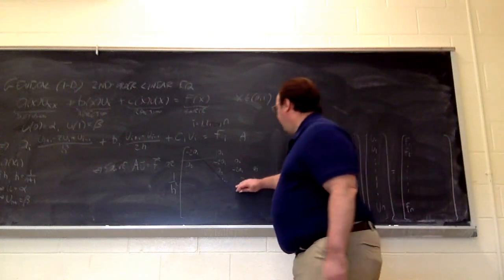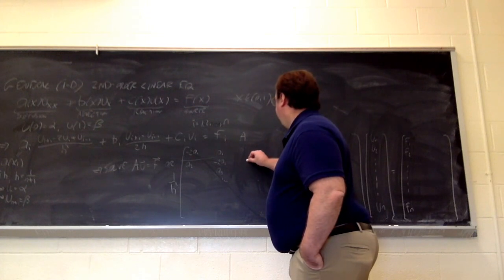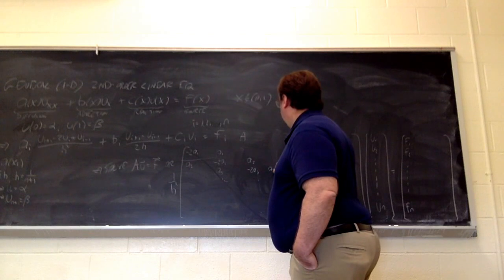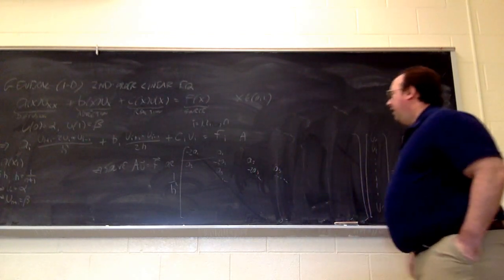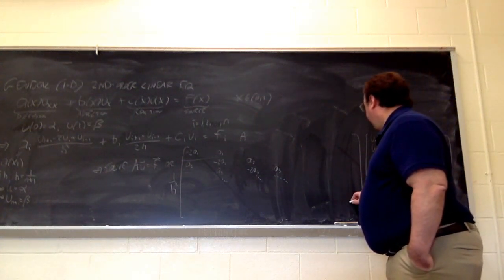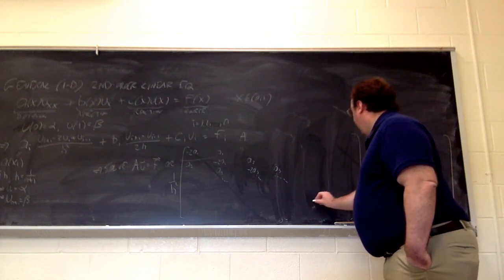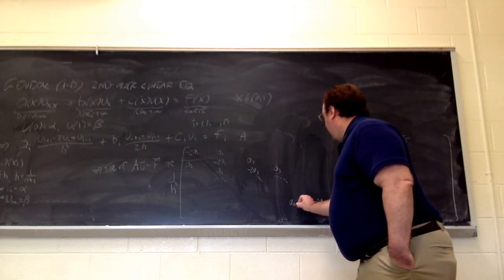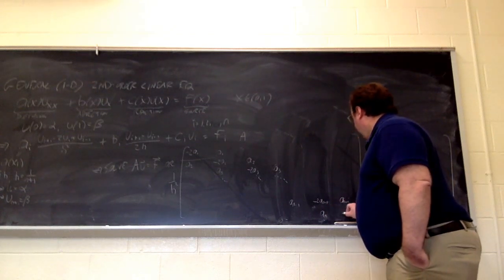I'm going to space these out a little bit more because I have other terms to put in here. So that'll keep going down to, for instance, the second to last row, where I'm going to have a_n minus 1, minus 2 a_n, a_n minus 1, and then the last row I'll have a_n and then minus 2 a_n.